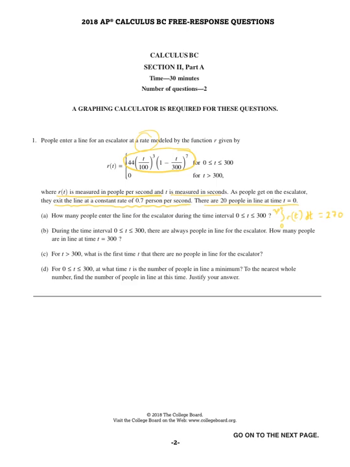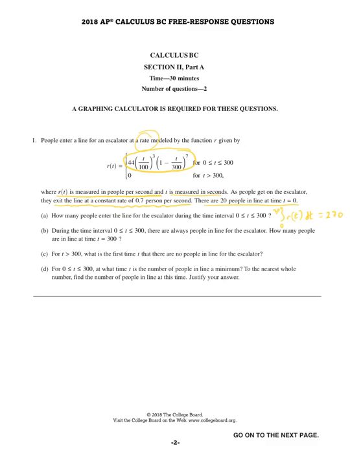Okay, so you need to keep in mind that the number of people in line is the number of people in line at time 0 plus the number of people that enter the line minus the number of people that exit the line. I think a lot of students got confused on this problem because they were used to an in and out function, but this is different because the function for exiting is a constant function.